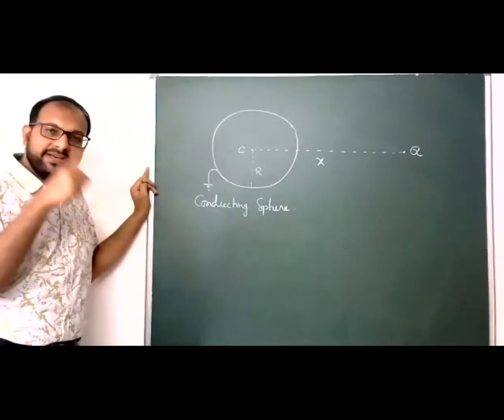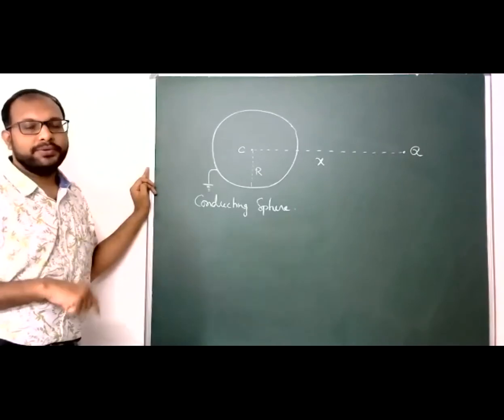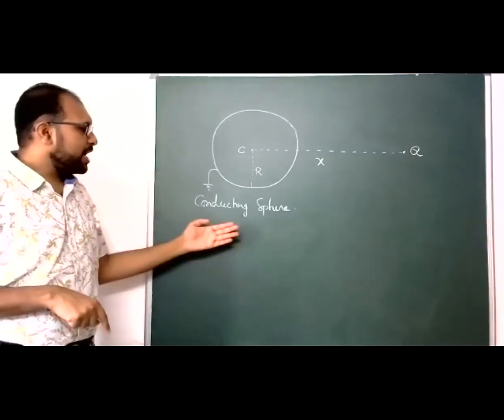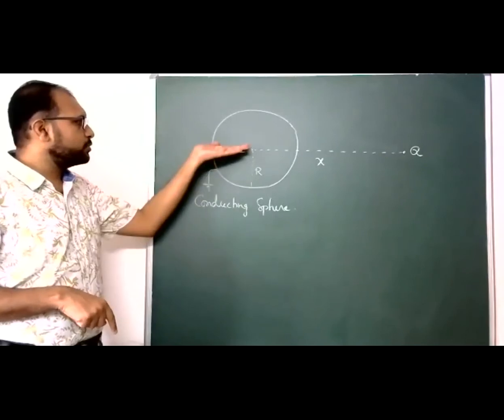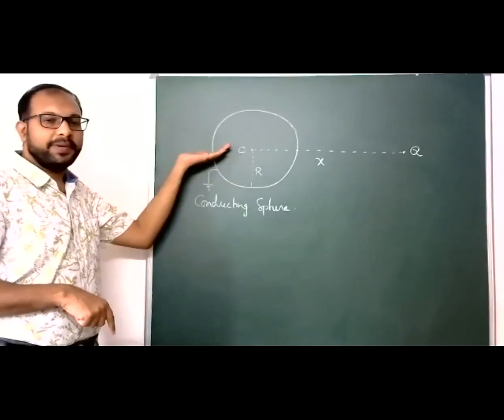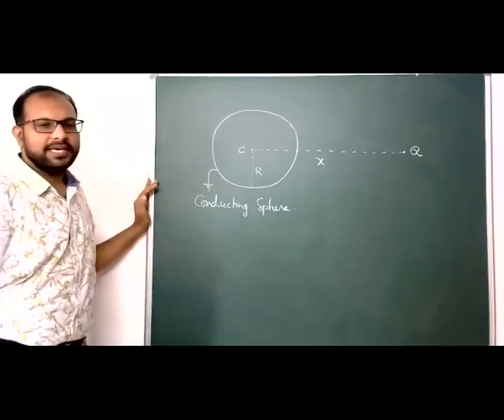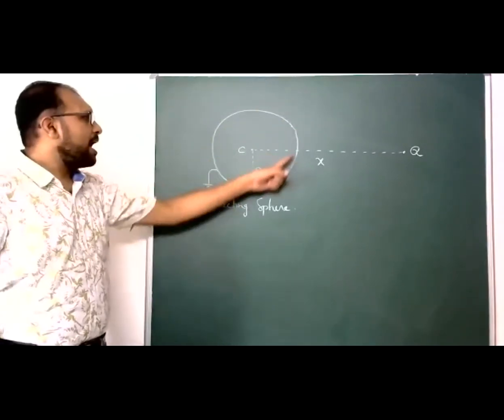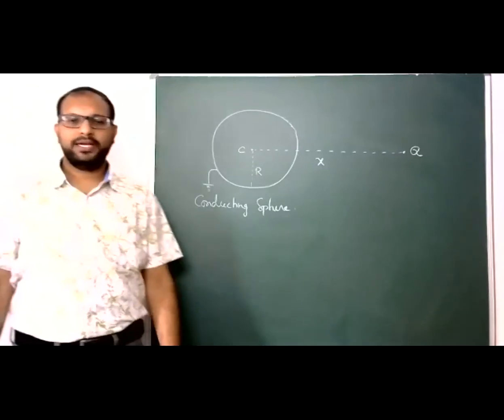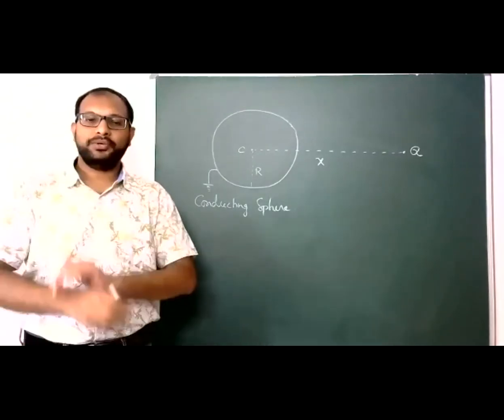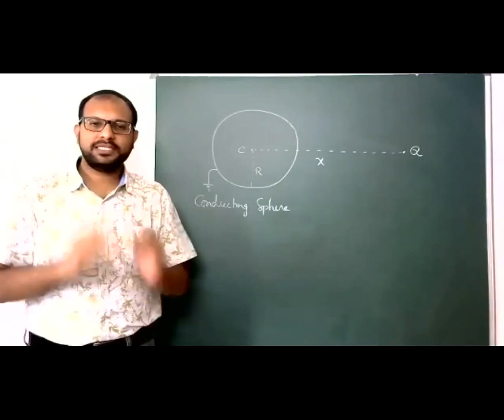Even though it was previously neutral, now it is not neutral, which means some charge may move from ground to sphere or from sphere to the ground. Whenever that charge flows, some charge is definitely induced on the surface of this sphere. Net charge is there.